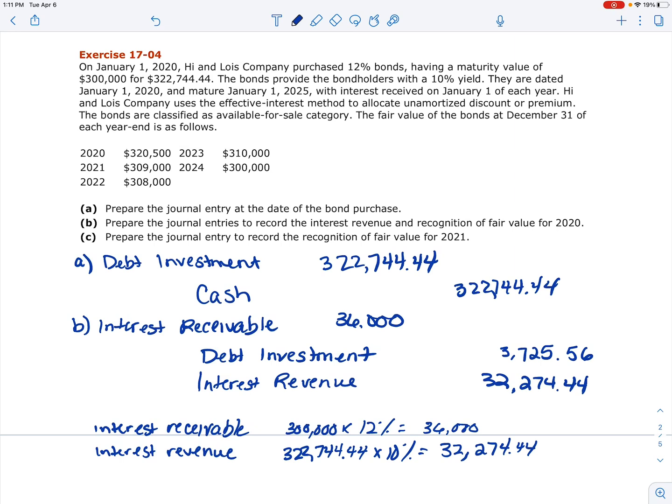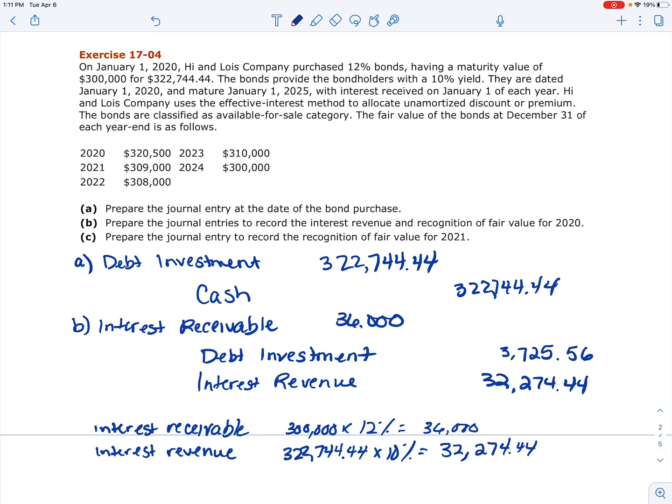We need to do this piece to find out how to record that fair value for 2021, because that debt investment is decreasing and we have to take into account that decrease before we adjust to the fair value.